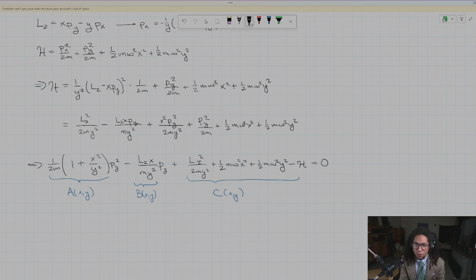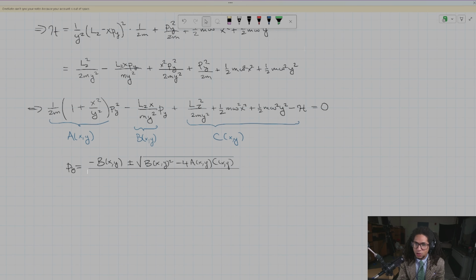And I know now that py is equal to, well, just the quadratic formula, minus bxy plus or minus the square root of bxy squared minus 4 axy cxy, all over 2axy.